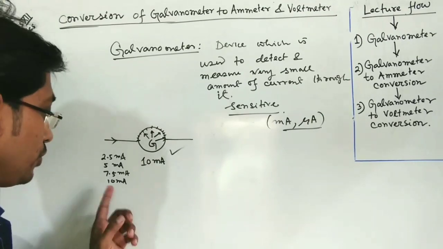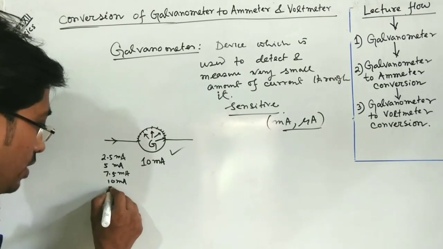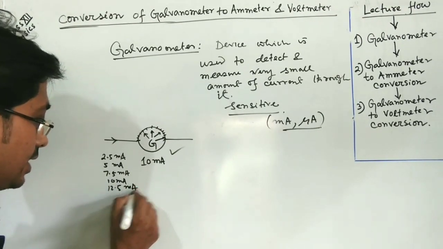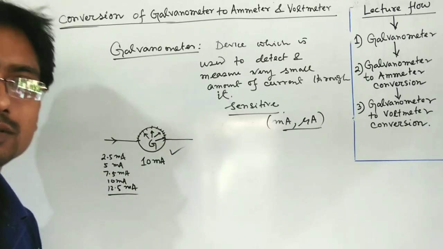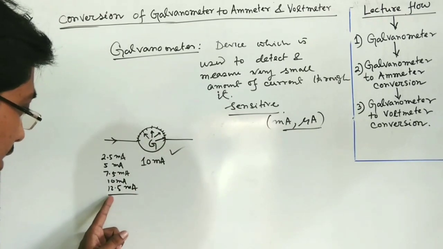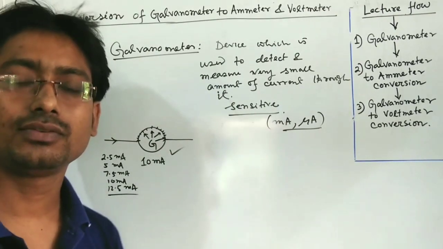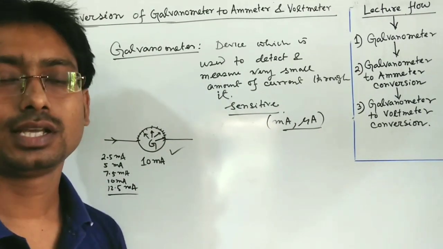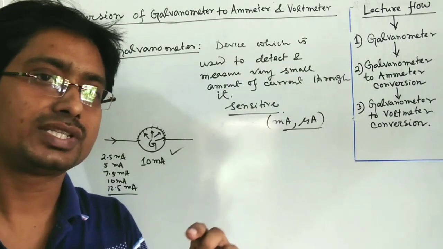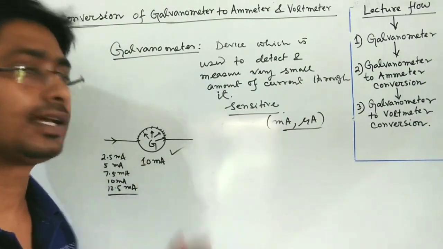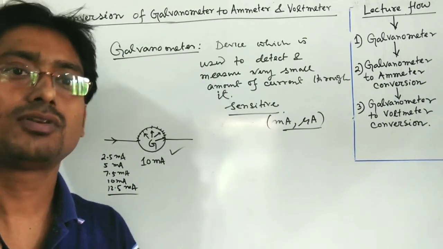So if you give here suppose 12.5 milliampere current, it will give the same deflection. If you increase the current, that is 15 milliampere here, it will give the same full scale deflection, so it will not increase. So that is the problem. You cannot measure a large amount of current by the galvanometer.